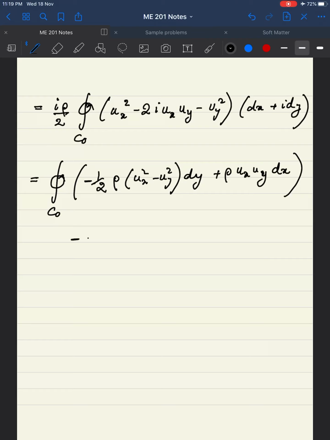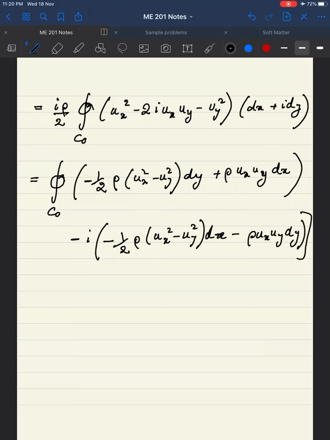and the imaginary part to be minus half rho (ux² - uy²) dx minus rho ux uy dy.